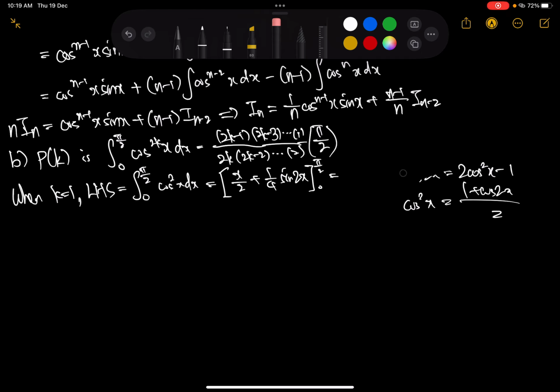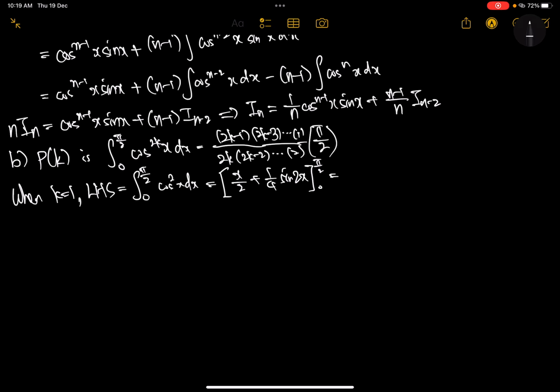And I believe, let's erase that part because it's too easy. I believe that should be, well, let me use the calculator because I forgot how to do it. So sine pi is 0.